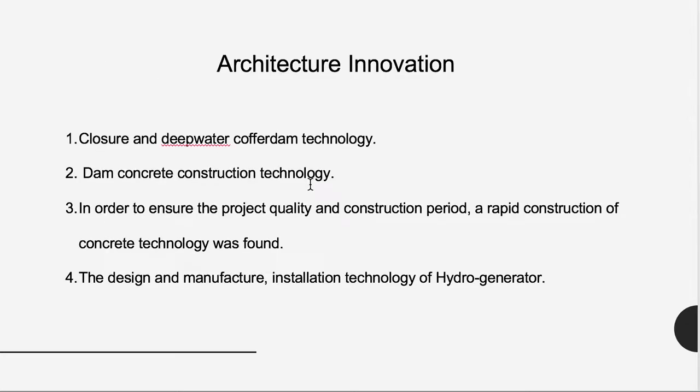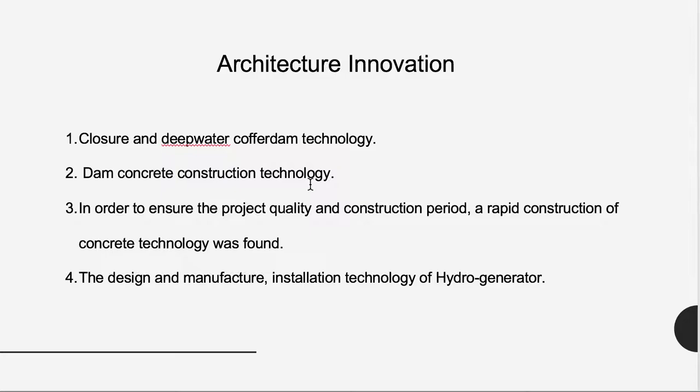And we also have architectural innovations. The first is closure and deep water cofferdam technology. In the process of river closure, the significant problems are large flow, deep water, and severe slumping of the embankment head. The second is rapid concrete construction technology.